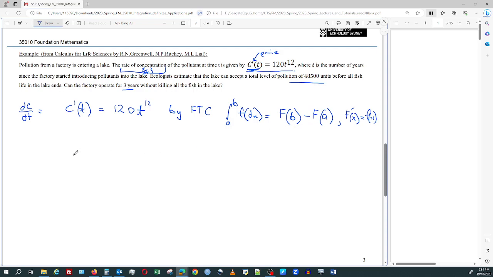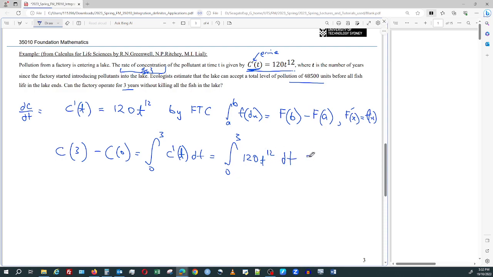So what we can do, we can take C, the concentration at time 3, minus the concentration at time 0, and integrate the differential from 0 to 3, and that will mean that we just integrate as we would normally for 120 t to the power 12 dt.